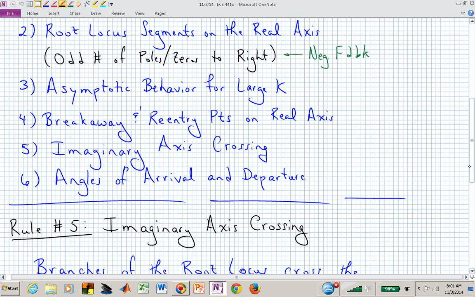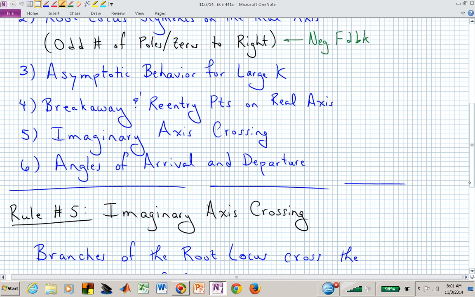We know the angles that these branches approach by sketching the asymptotes, and we know where the centroid of those asymptotes are. We talked last time about the breakaway and reentry points on the real axis and how we could find that. That occurs at the relative max and the relative min, respectively, of the gain k along the real axis, where you have two branches meeting or coming together for breakaway and reentry.